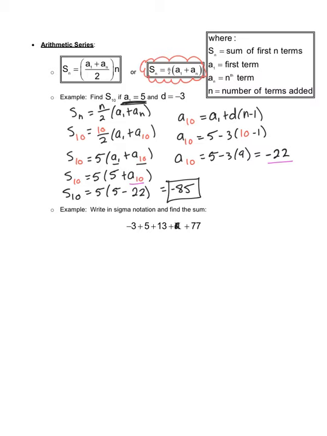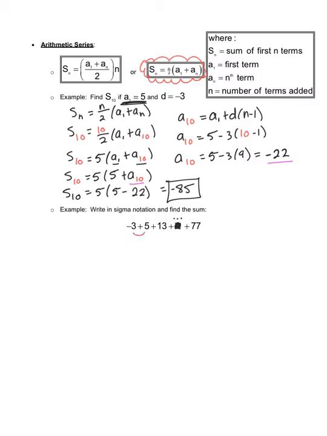This part here, this should just be 3 dots, okay? So first thing I need to figure out, in order to have a series, I need to have the sequence first in order to write the sigma notation for that series. So let's try to figure out the equation for the sequence first.